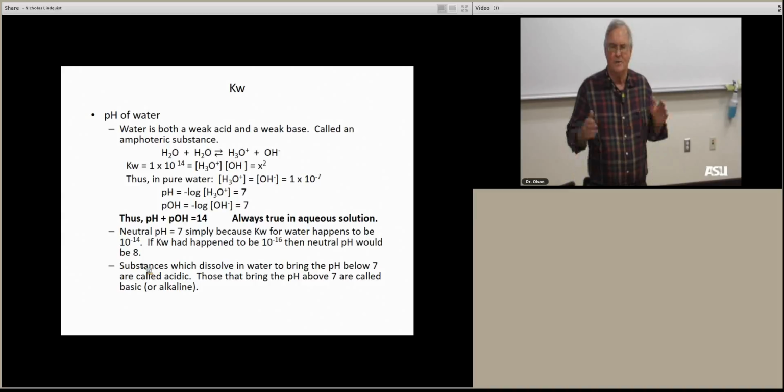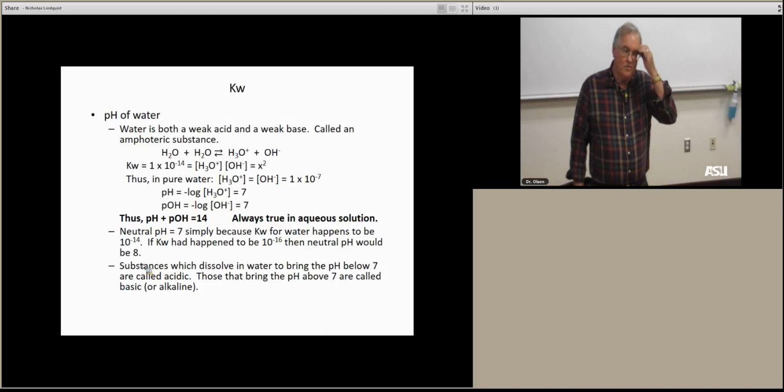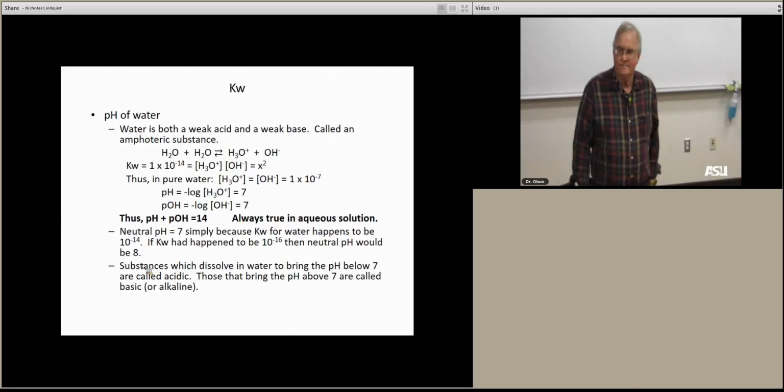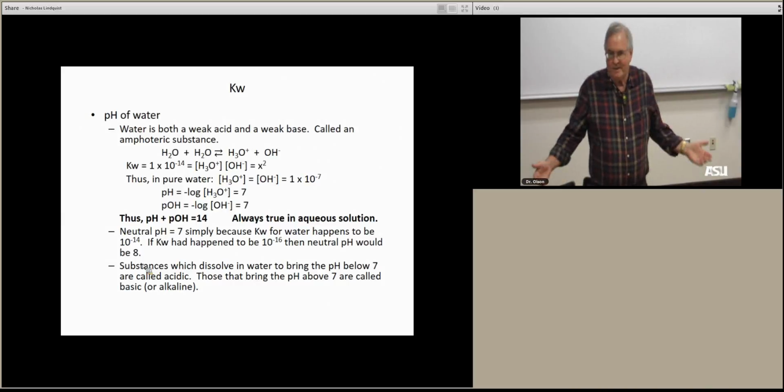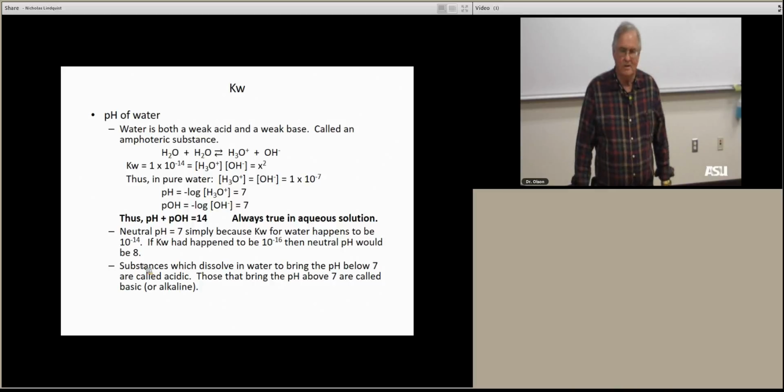Suppose the Kw for water had been 1 × 10⁻16 instead of 10⁻14. What would the pH of neutral water be in that case? 8. And it could well be. It just so happens that the Kw for water is 10⁻14. So that's why we get a scale of 7 as neutral pH.